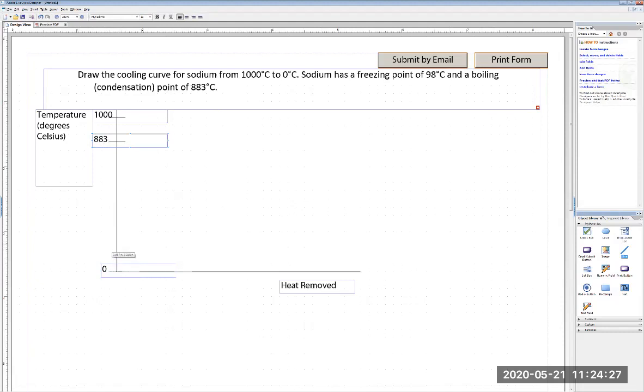Let's put it here. That's my 98 degrees Celsius. Okay. So I've put the tick marks for the important temperatures.